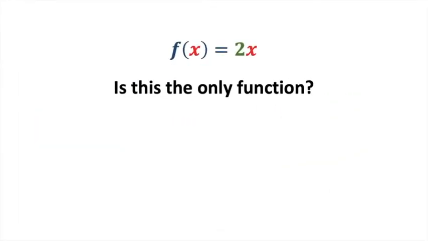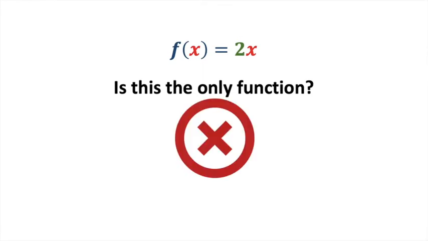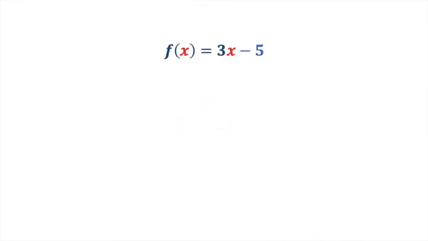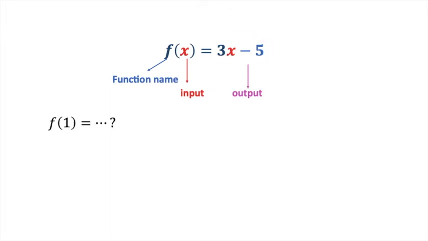Is this the only function? Of course not. There are so many types of machines as well as functions. Here is an example of another function. What is the value of f of 1?